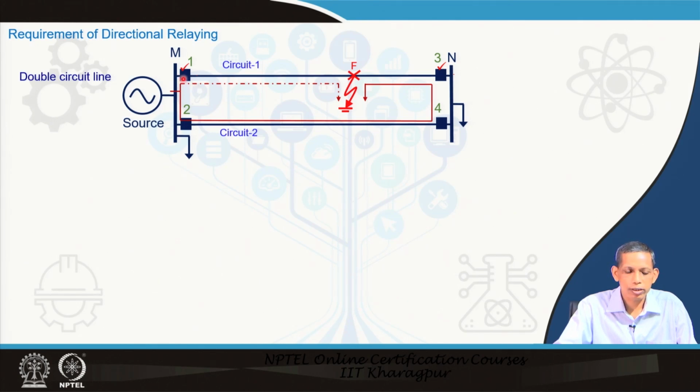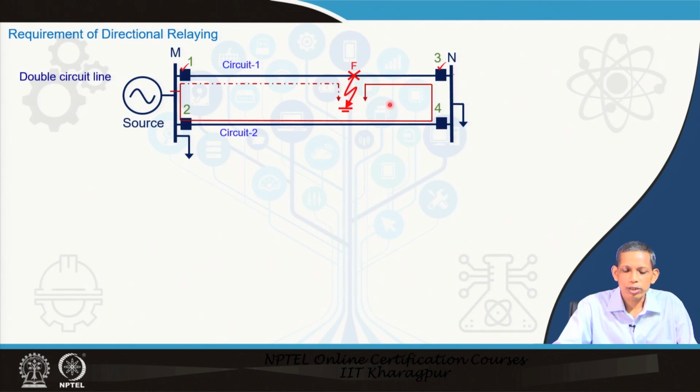So, relay at 1, relay at 2, relay at 4 and relay at 3 will all see a large amount of current. The overcurrent relay will see a higher level of current and go for a trip decision depending upon the coordination. But what you need in this case is that for this fault only 1 and 3 should trip, not 2 and 4.